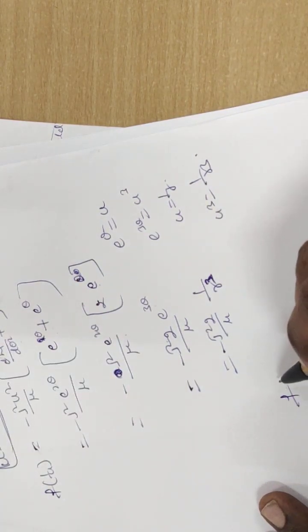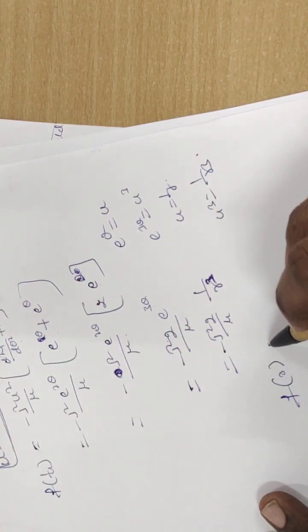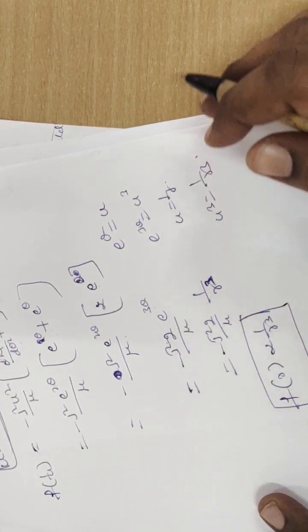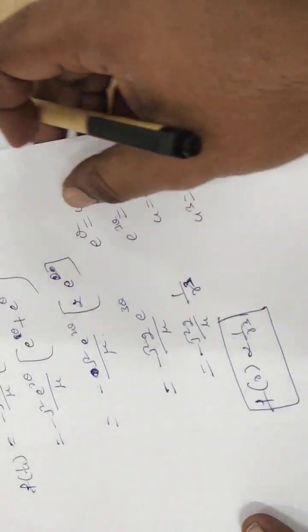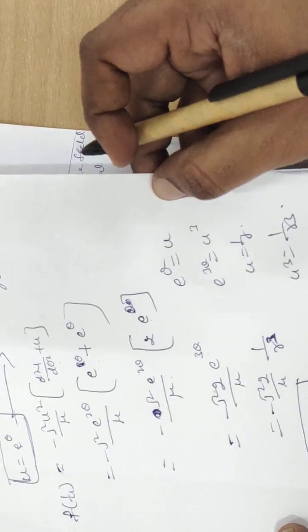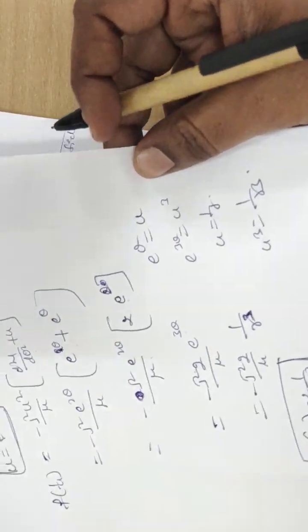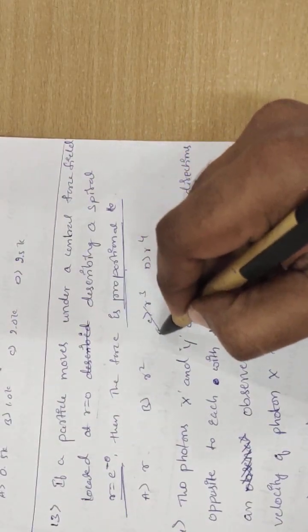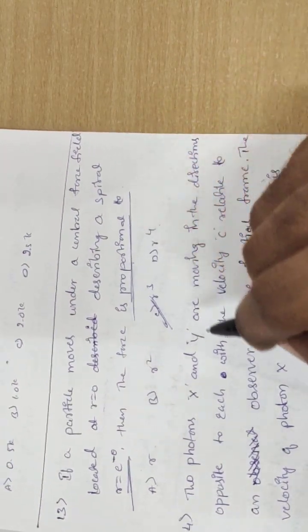Therefore f of r is directly proportional to 1 by r cubed, or inversely proportional to r cubed. So from the given expression we can conclude that the answer is r cubed. So option C is correct.